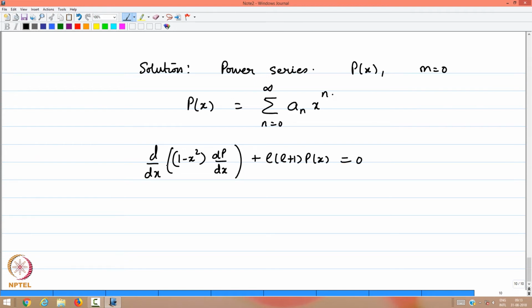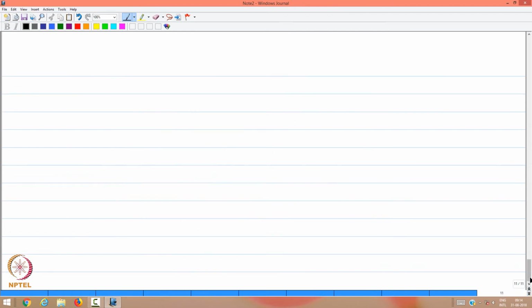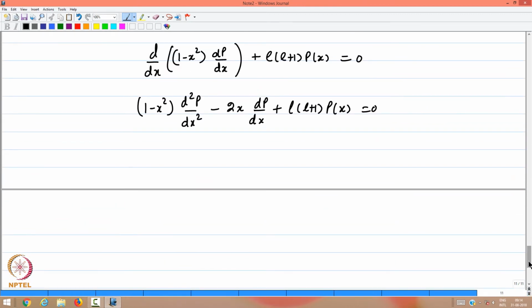We will write this as explicit derivatives. Therefore, when the derivative acts on 1 minus x square, it gives you minus 2x, but if it acts on the dp, it gives you 1 minus x square d square p by dx square. So, there are two terms to it, minus 2x dp by dx plus L into L plus 1 P of x is equal to 0. Okay. Writing this explicitly helps us in getting the power series terms ordered.